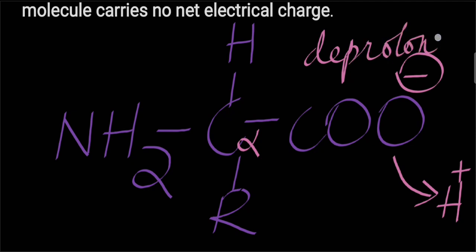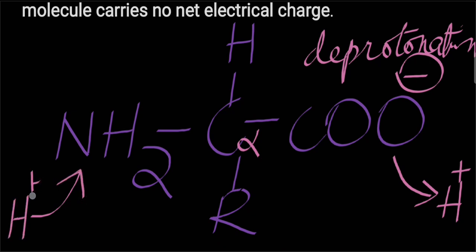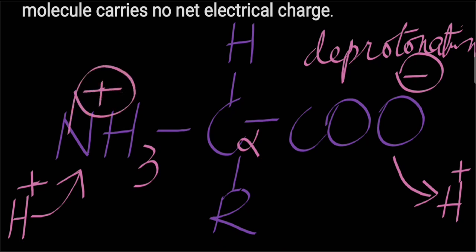Another possibility is that this being NH2, it can gain one hydrogen ion. Now instead of NH2 this will become NH3 with a positive charge. This particular process is known as protonation.